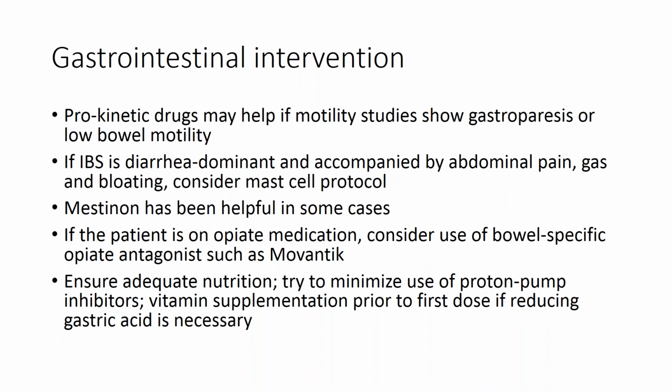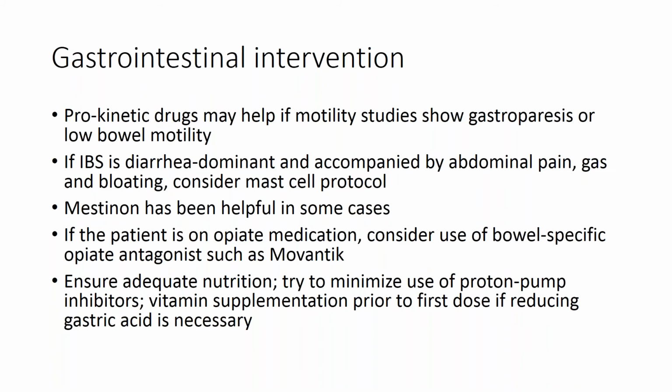If a person has irritable bowel syndrome and it's mostly diarrhea and they're having abdominal pain, gas, and bloating, we consider a trial of the mast cell protocol in those conditions. And I'll talk a little bit more about that in a few slides. There's a drug called Mestinon that has been helpful in some cases for poor motility.